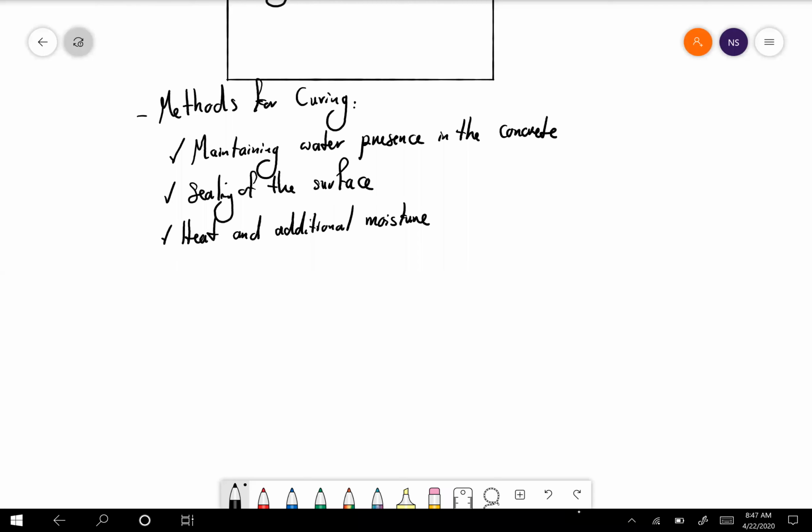And you've probably seen this, that most of the times after they place the concrete, they either cover the whole surface, or they spray it with water. Those are the different approaches that they do to maintain the curing process.